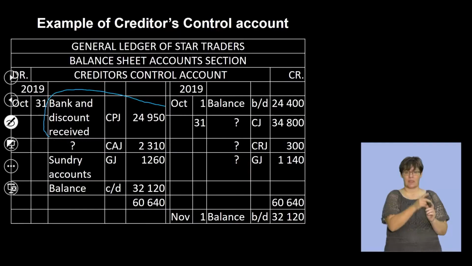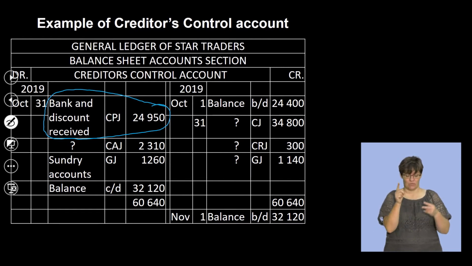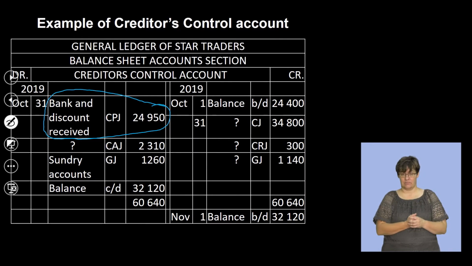Now identify. There's an entry here that says bank and discount received. So the total amount of the transaction was 24,950. Clear? So that entailed two components. Remember, bank and discount received. At this point, let me give you a quick explanation of the two separate accounts involved when there's a discount involved.